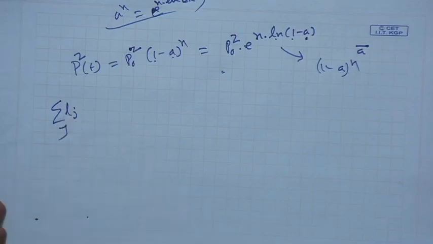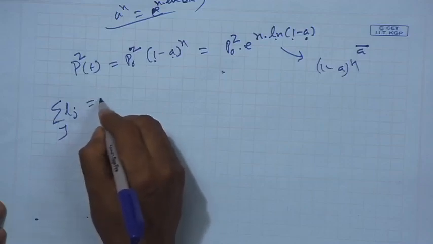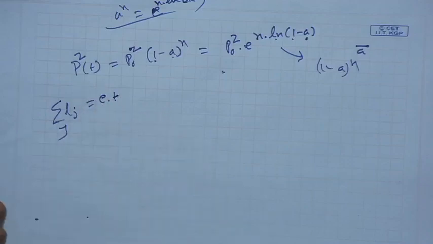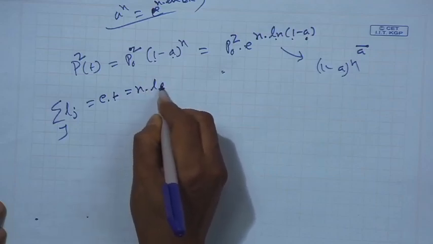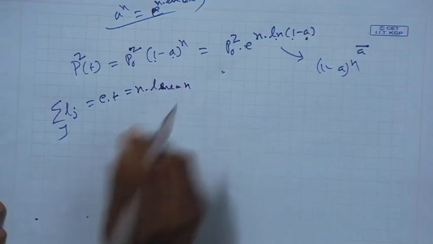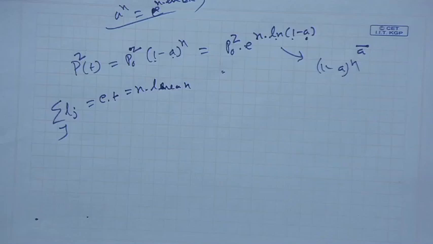So, let the total path travelled by that ray be the summation of L j, where j is the number of times it is reflected. So, it is nothing but c into t. It is nothing but n into L mean. L mean is the average reflection path.